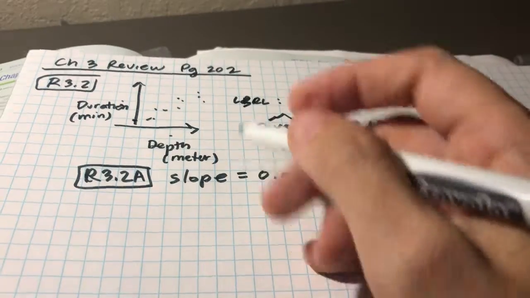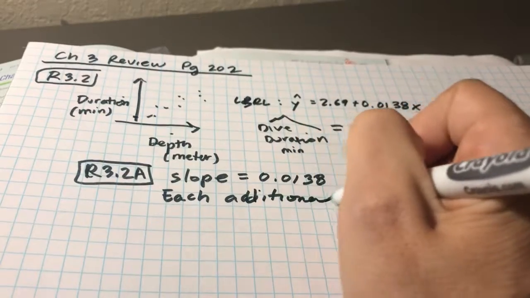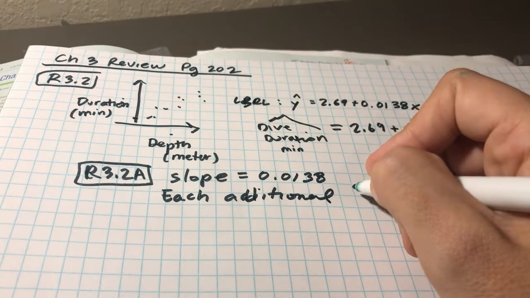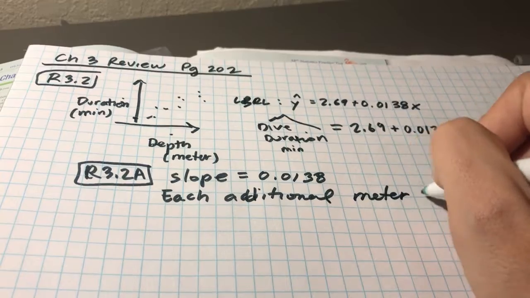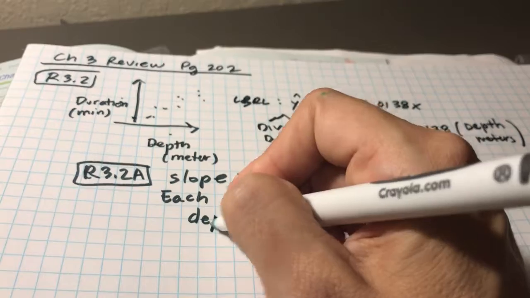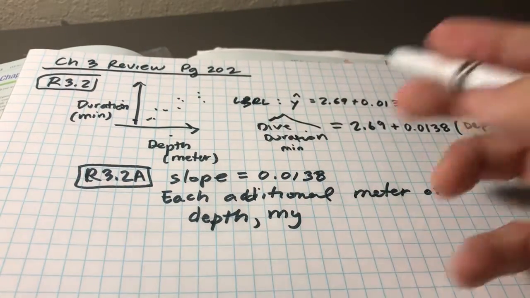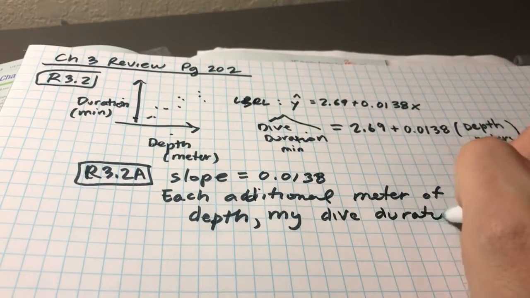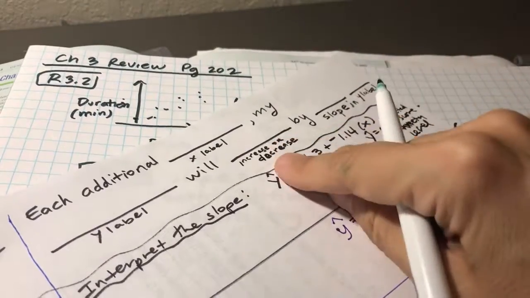My slope means each additional x label, so each additional meter of depth, my y label, my dive duration, will, and my script requires me to say increase or decrease.